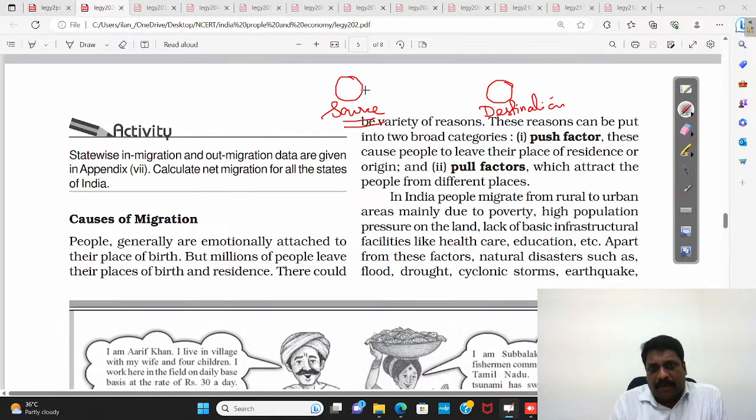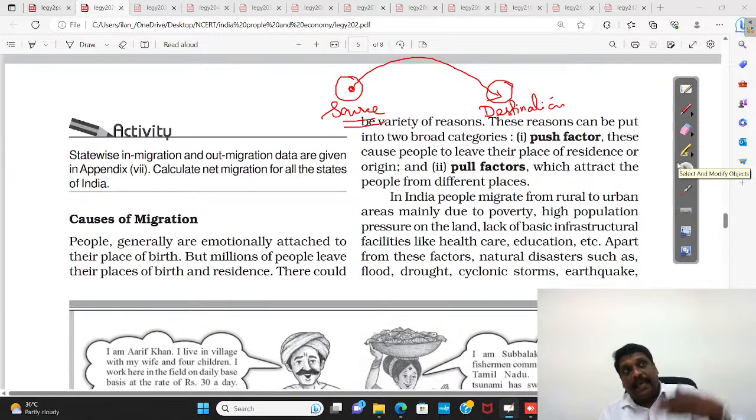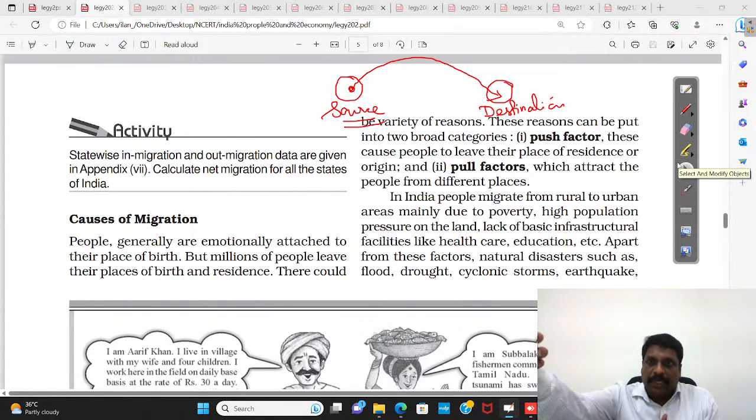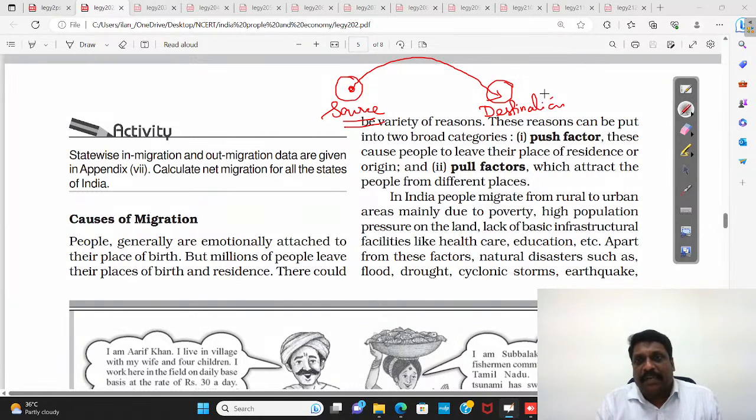So normally people from the source will be moving toward the destination, overcoming intervening obstacles. Now most of the time, if I am moving out, I call it emigration. If I'm moving in, I call it immigration. Emigrant and immigrant. In the source area I'll be having emigrants, and in the destination area I'll be having immigrants.